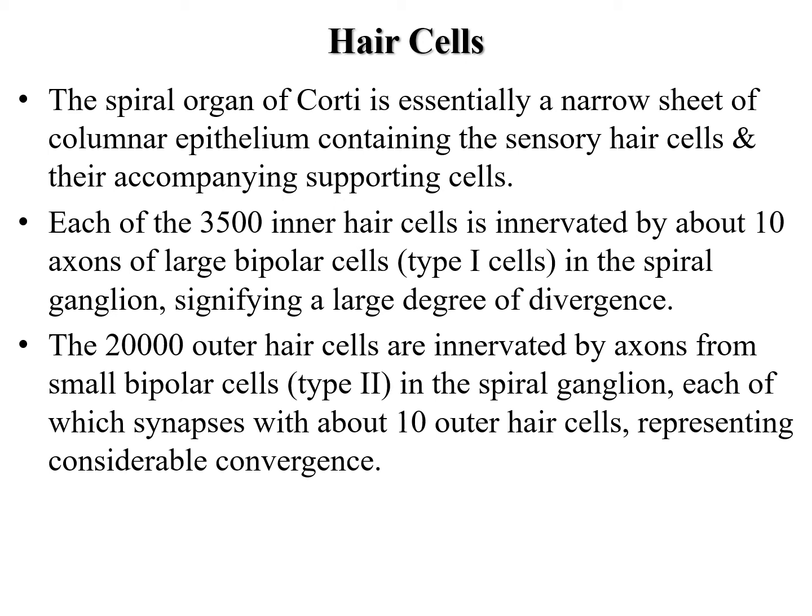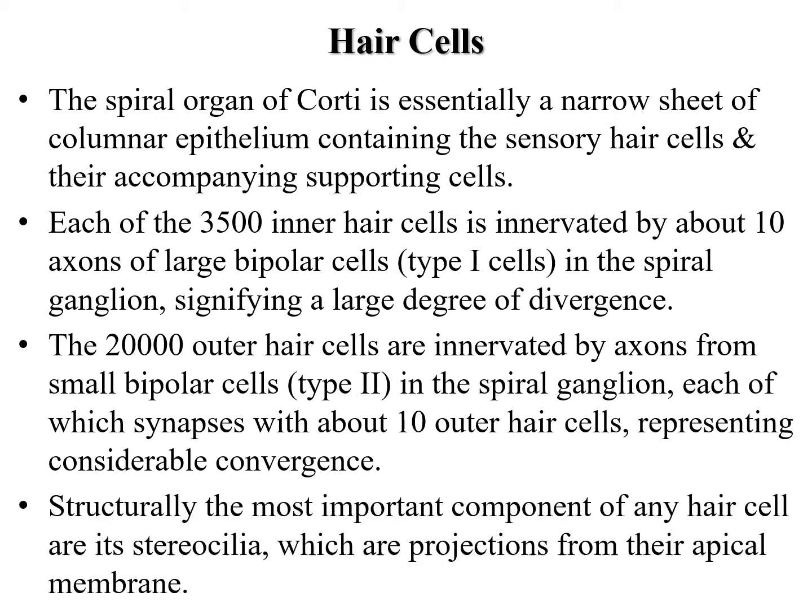From my class on synapses, you can recall that this is an example of convergence. So, in the outer hair cells, there is a lot of convergence, while in the inner hair cells, there is a lot of divergence.